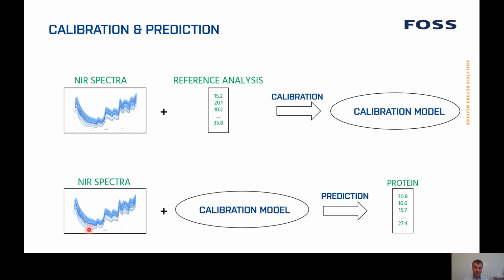We only need the time to acquire a spectrum, which is 30 seconds or 1 minute. Then we can submit it to the model, and we get a prediction of protein and a lot of other components as well. So we can get multiple predictions if that is needed. So this is the basics of calibration and prediction modeling.